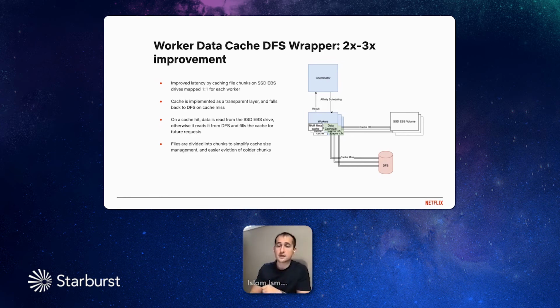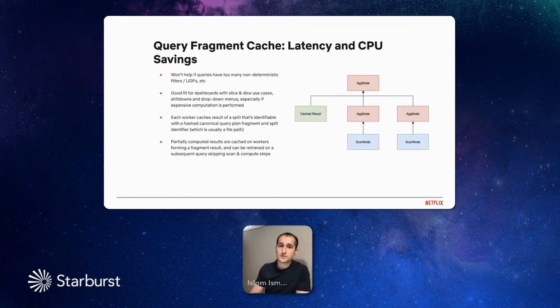I'll talk about the results later. But of course, with these files so much closer and so much more consistent to the workers, you just end up with huge wins, especially on warmed-up queries. When you have your warmed-up cache and you read the same data, it's an order of magnitude, 2 or 3 times faster than going to remote storage.